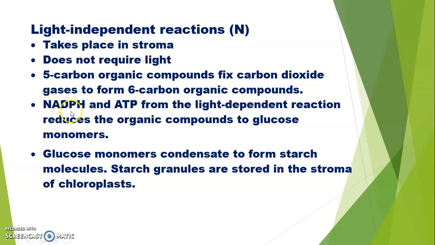And then NADPH and ATP, which were from the light dependent reaction, reduce the organic compound to glucose monomer. Glucose monomers condense to form the starch. And the starch granules are stored in the stroma of the chloroplast. Okay, so that's all referred to the mechanism that occurs in photosynthesis.